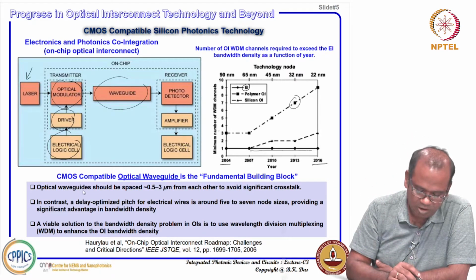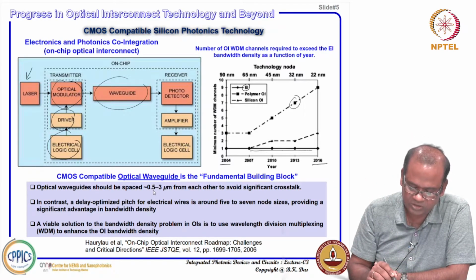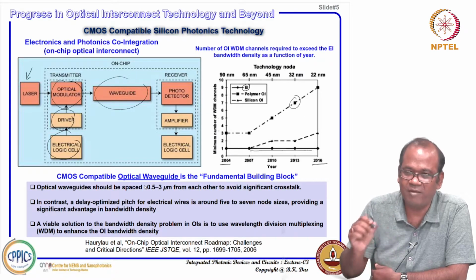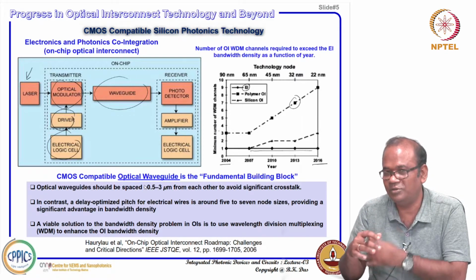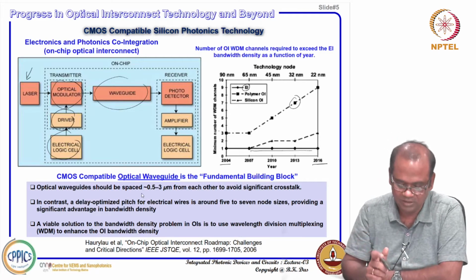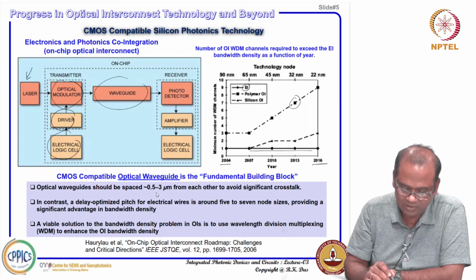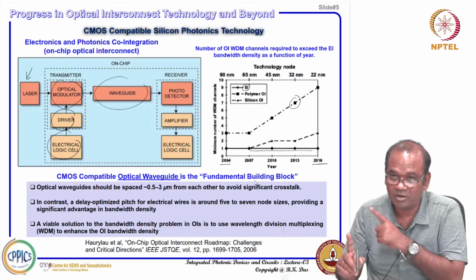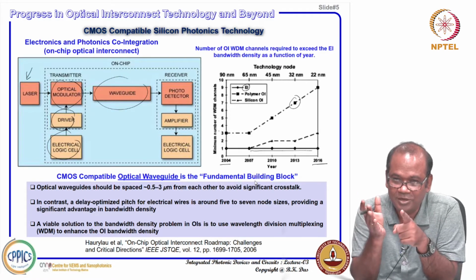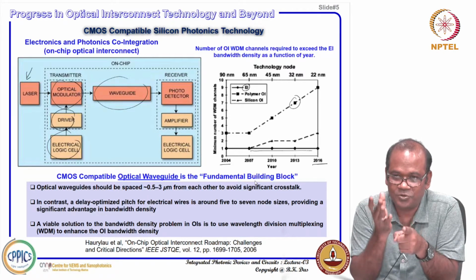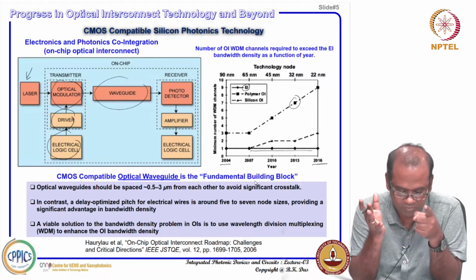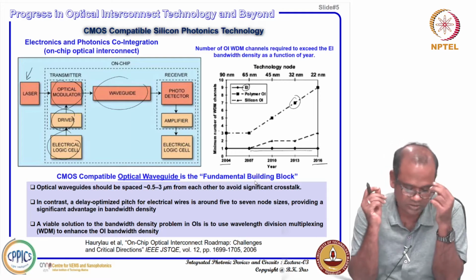However, the optical waveguides should be spaced. Whatever optical waveguide you fabricate in silicon, I will discuss how it can be fabricated, their spacing needs to be 0.5 to 3 micron from each other to avoid significant crosstalk. If waveguides come closer, they will interact with each other, so crosstalk will increase. That is a problem. So, those types of drawbacks are there.